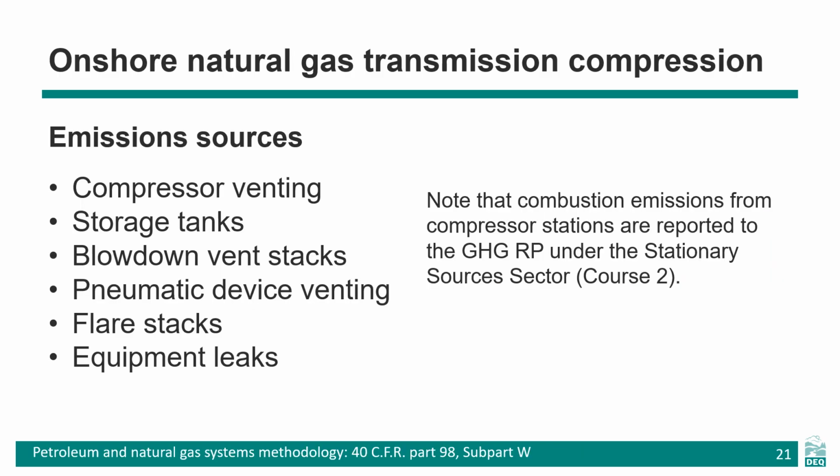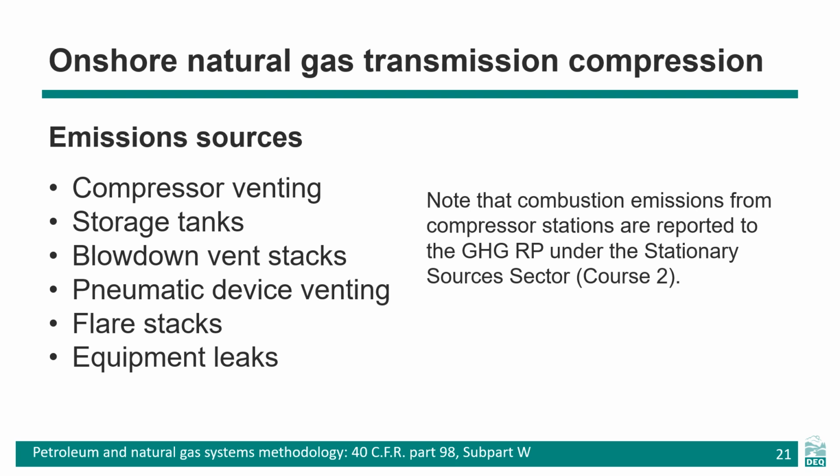For those compressor facilities requiring verification, there are specific emission sources to consider under their subpart W emissions component. These are compressor venting, transmission storage tanks, blowdown vent stacks, pneumatic device venting, flare stack emissions, and equipment leaks.